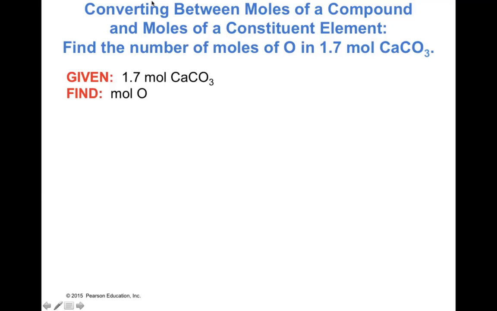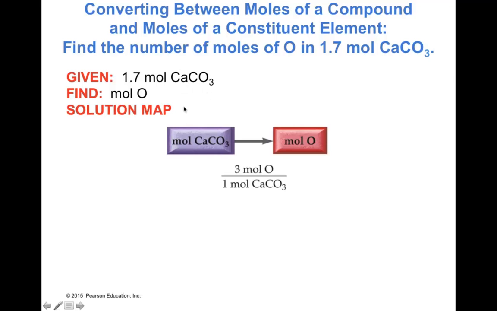In our chemical formula, we can see here that we have 3 moles of oxygen per each mole of calcium carbonate. So the solution map will be moles of calcium carbonate to moles of oxygen. We have 3 moles of oxygen by each mole of calcium carbonate. This is our conversion factor.